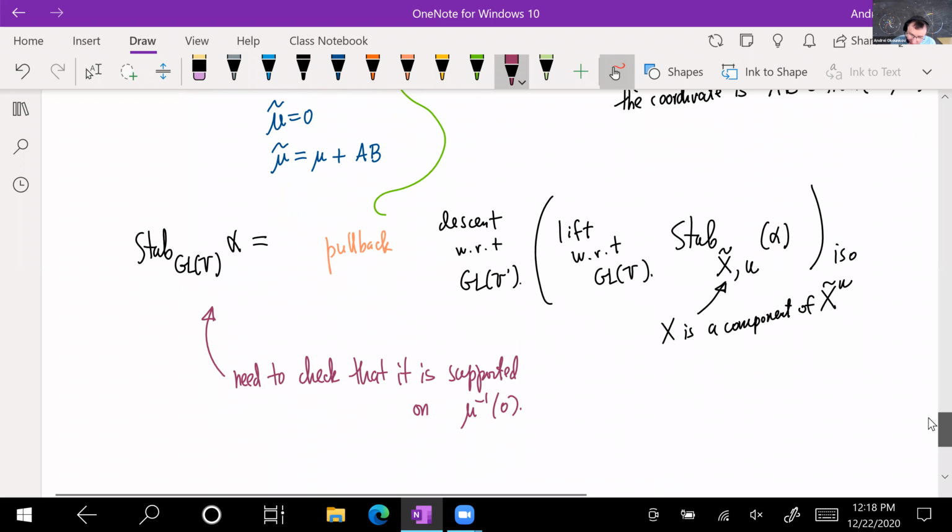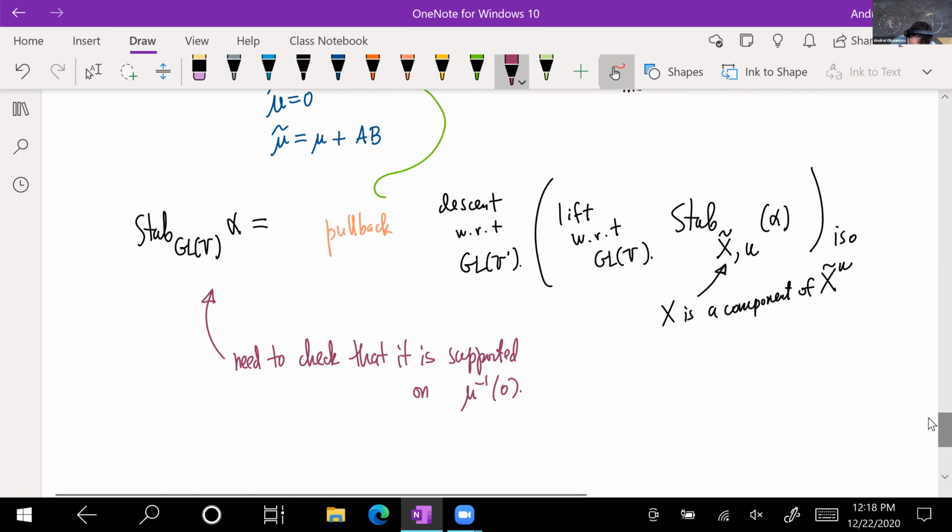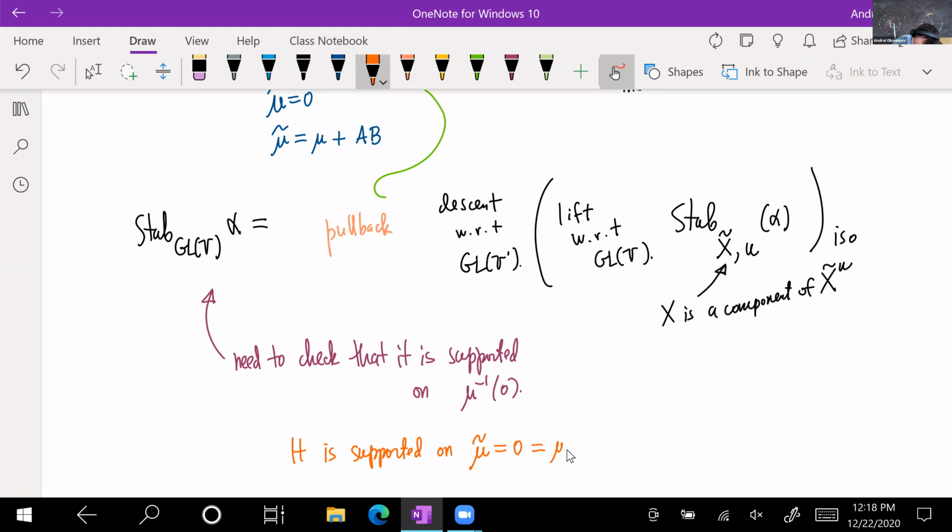The way to check it: well, we know it's supported on mu twiddle equal to 0, where mu twiddle is mu plus AB.